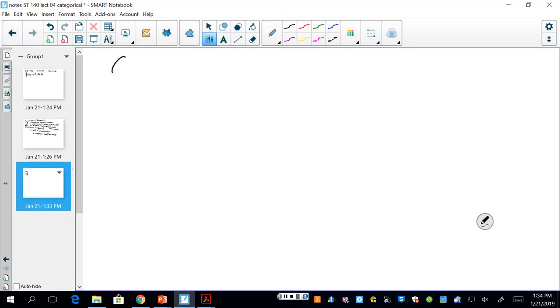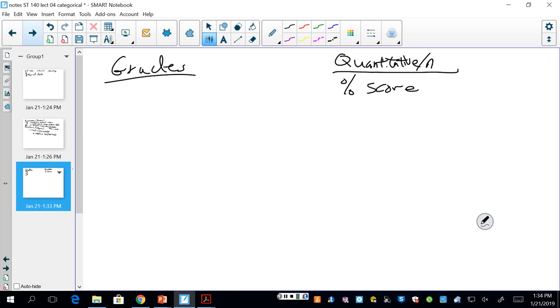If you're recording your grades, what would be a categorical or qualitative way of recording grades? Percent. There's percents. If you get a percent score, that's more of the quantitative, or numerical.